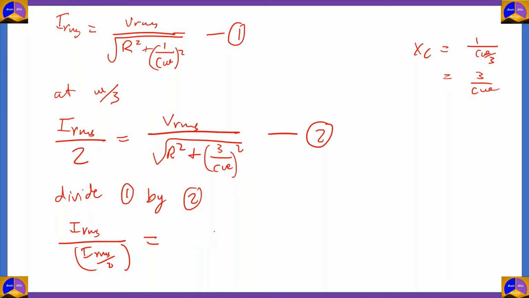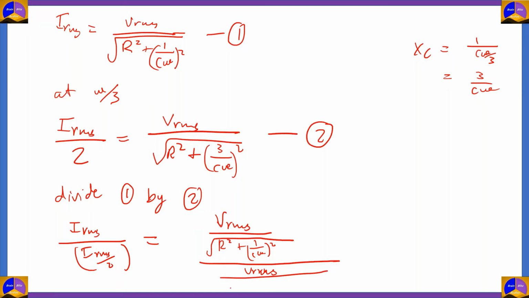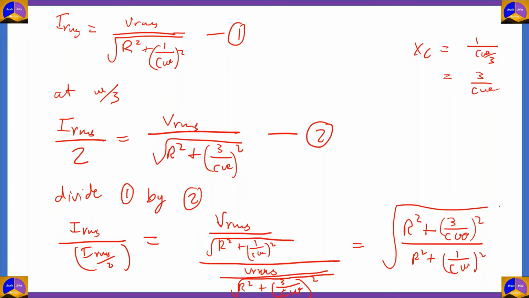And the right-hand side will be equal to VRMS divided by under root of R square plus 1 by C omega the whole square, divided by VRMS divided by under root of R square plus 3 by C omega, the whole square, which we can write as R square plus 3 by C omega, the whole square, divided by R square plus 1 by C omega, the whole square, all of that under a root.